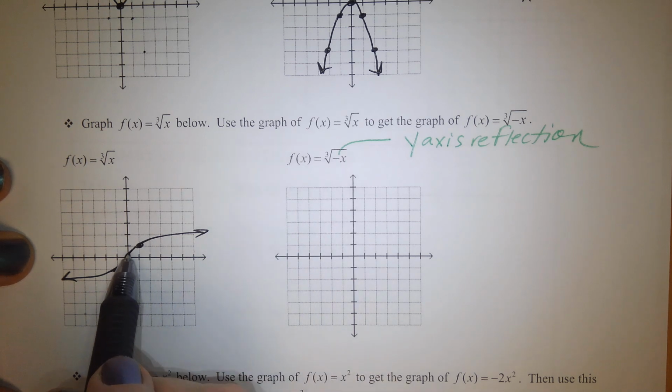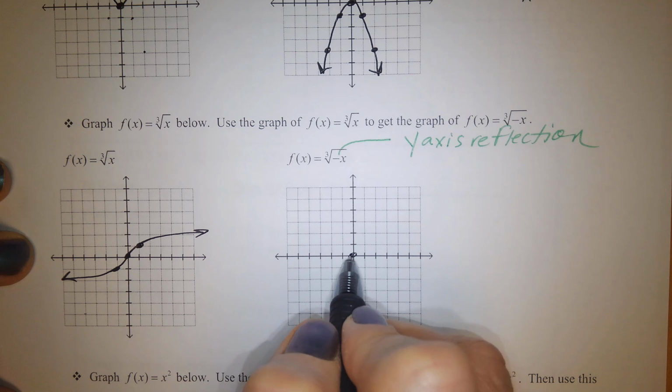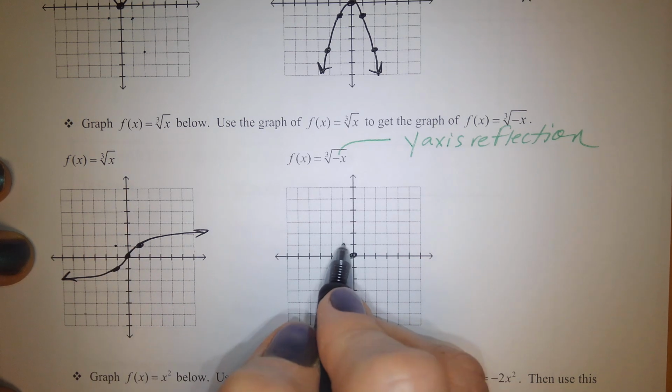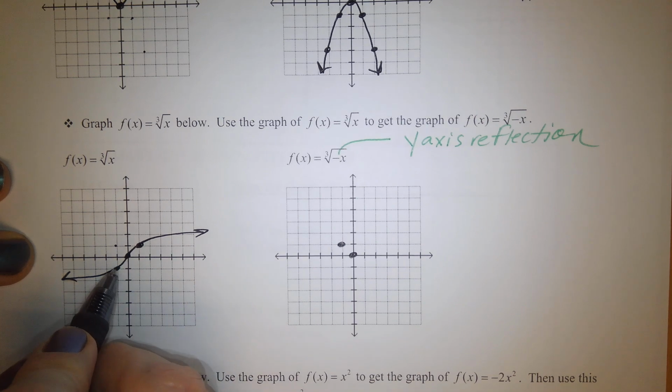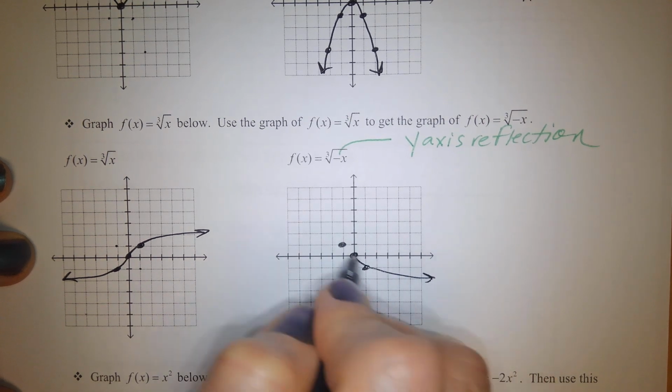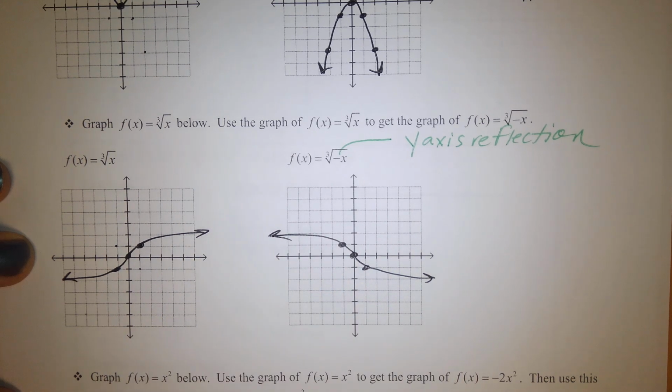So we're going to take each of these 3 points and we're going to flop it over the y-axis. So the origin doesn't change, but this point will be reflected over the y-axis. This point will be reflected over the y-axis. So now my new graph will look like this.